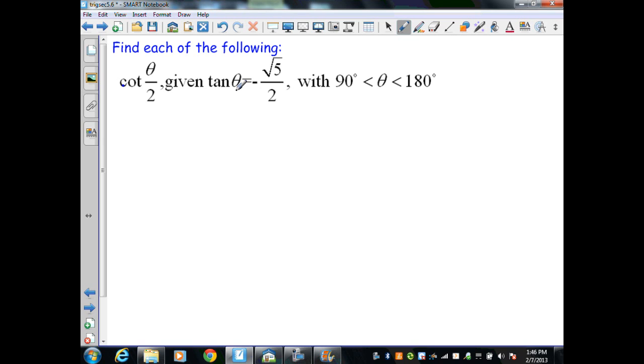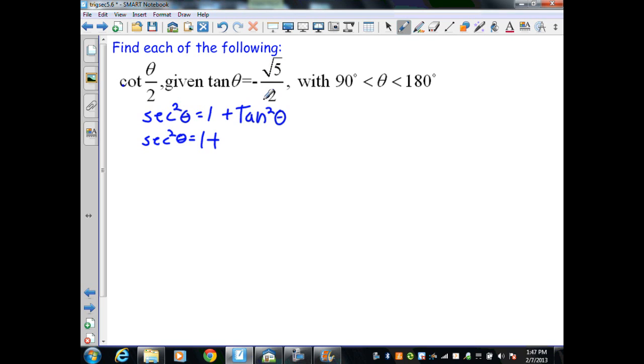So I need to somehow relate my tangent to a sine or cosine. The way to do that is to use an identity that we are familiar with, which is secant squared theta equals 1 plus tangent squared theta. Then I can just substitute in. That gives me secant squared theta equal to 1 plus, and I know that tangent theta is a negative square root of 5 over 2.